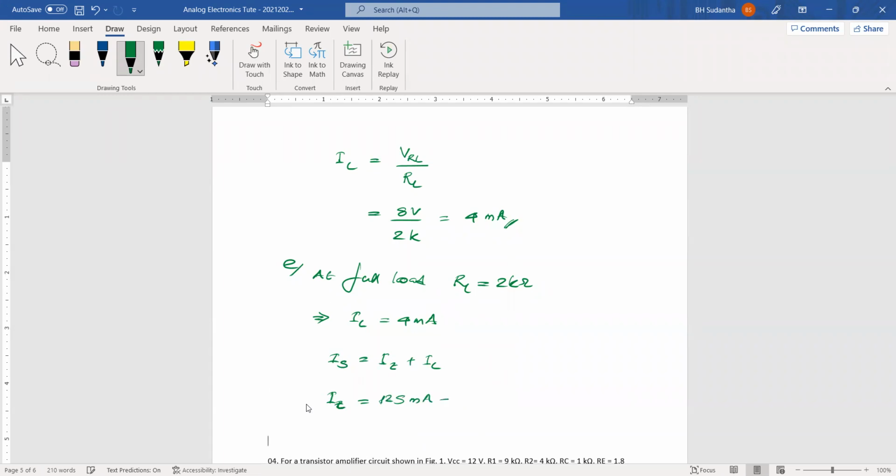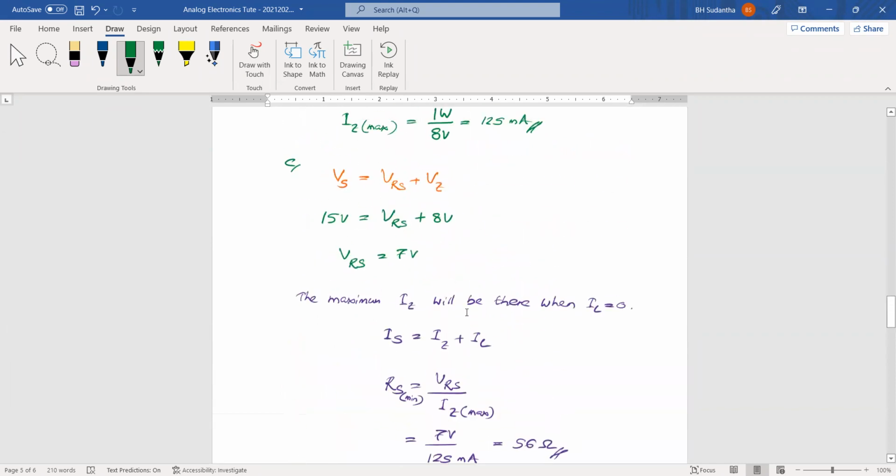That is the maximum it's taking. IL is 4 milliampere. Then 121 milliampere current is going through the circuit when the load is at its full load.